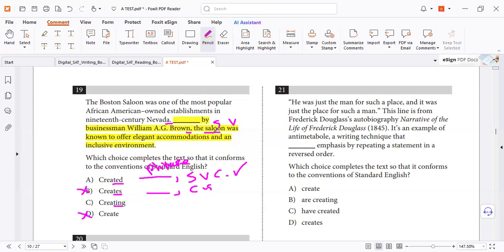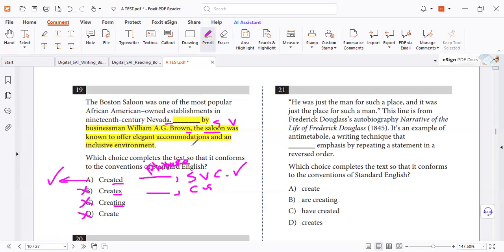The saloon. So the saloon creating? The saloon could be was created. So I need passive, not active. Yes or no? So it must be was created, so it is passive, so it must be past participle.